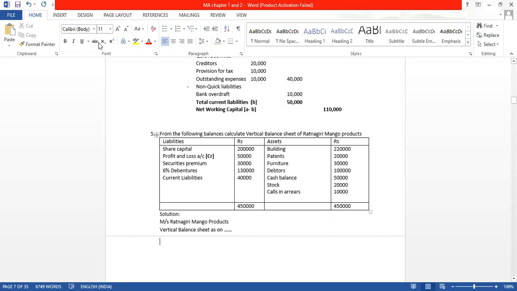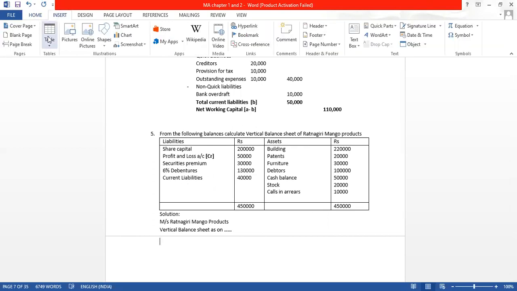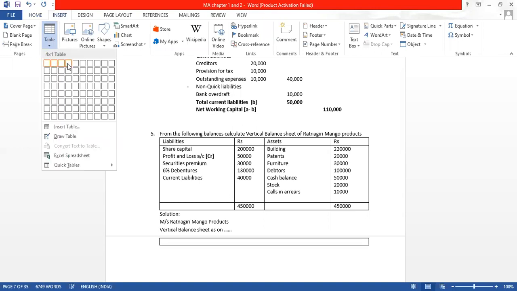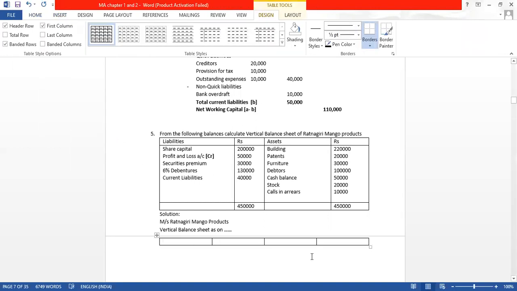Now let us start with the format. Let us insert the format: 3 columns for amount, 1 column for particulars. So what is the first side?